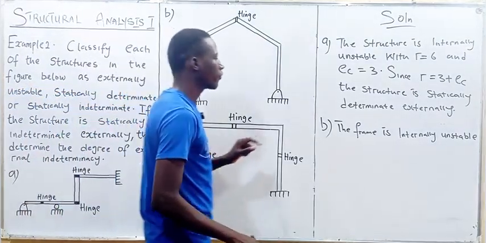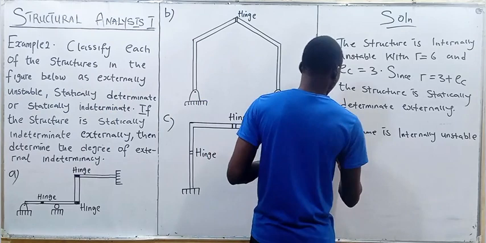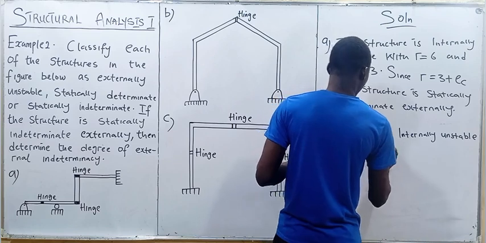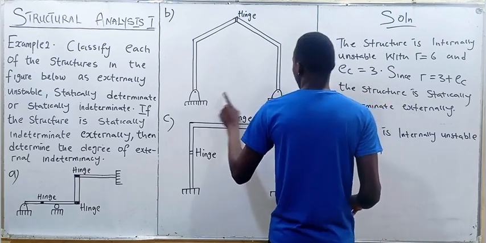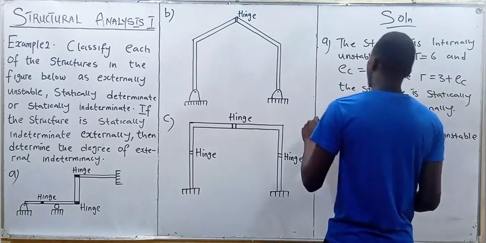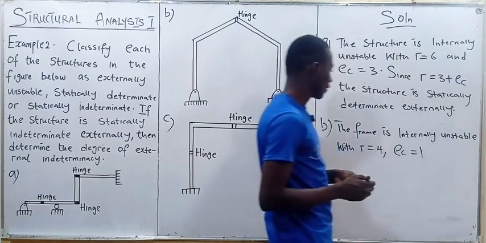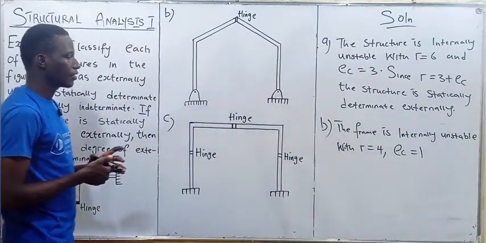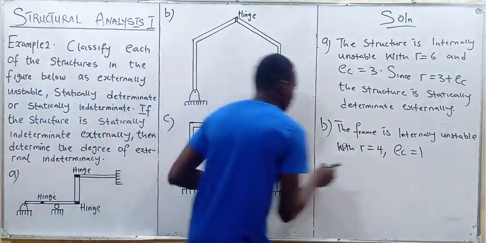Don't forget. So the frame is internally unstable with R equal to 4. Is that correct? R equal to 4 is correct. And E subscript C equal to 1.